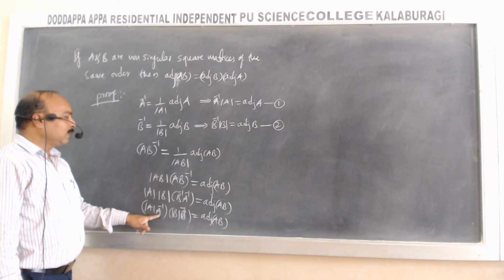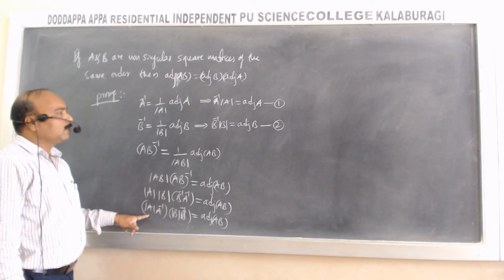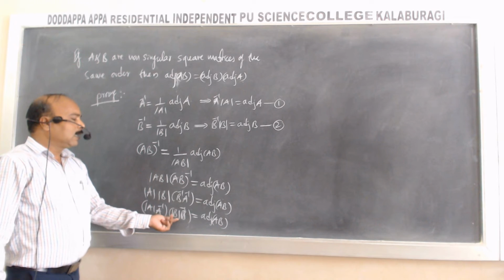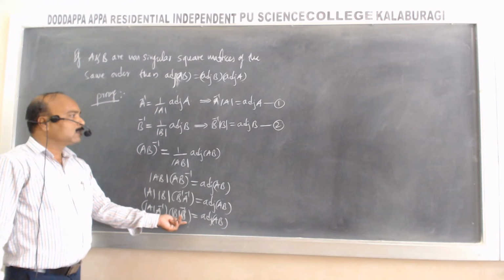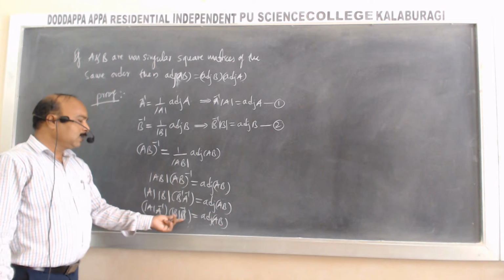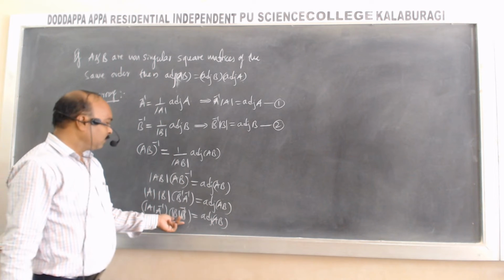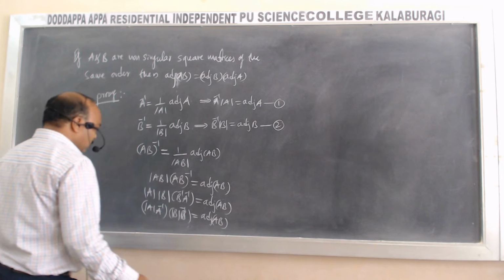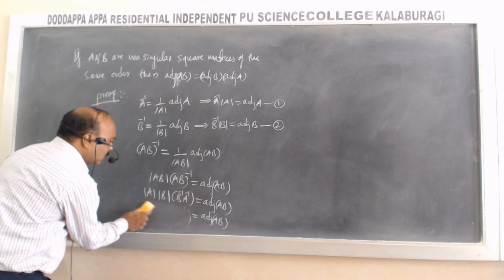Here determinant of A into A inverse or A inverse into determinant of A, both are the same. This value is equal to adjoint of A, and determinant of B into B inverse or B inverse into determinant of B is equal to adjoint of B. Now we are substituting the values, otherwise we can write this one like this.